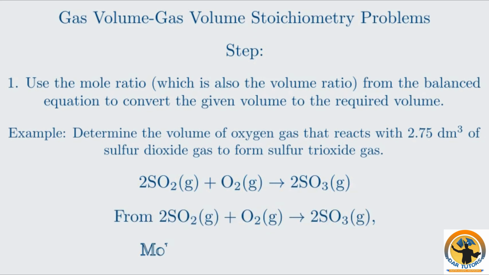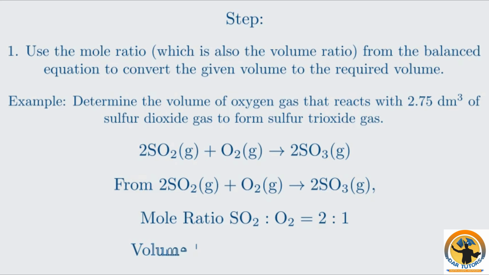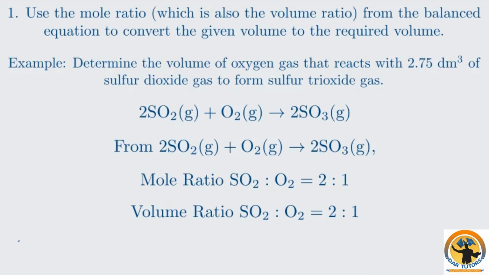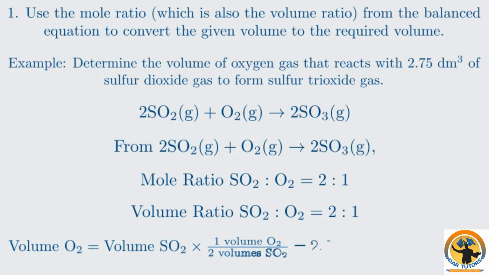From the equation, the mole ratio of sulfur dioxide to oxygen is 2 to 1. This means the volume ratio is also 2 to 1. So the volume of oxygen is half the volume of sulfur dioxide. We calculate 2.75 dm3 times 1/2, which equals 1.38 dm3.